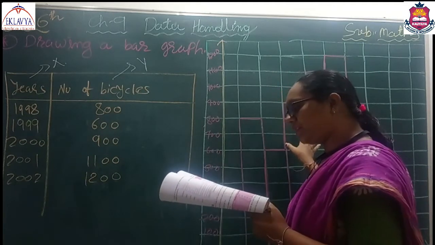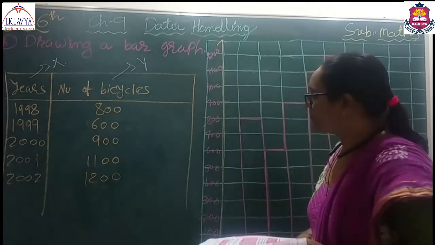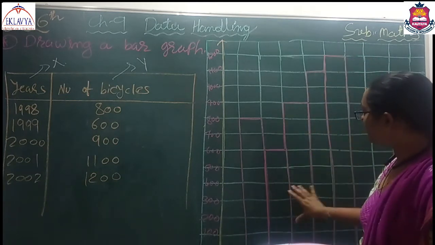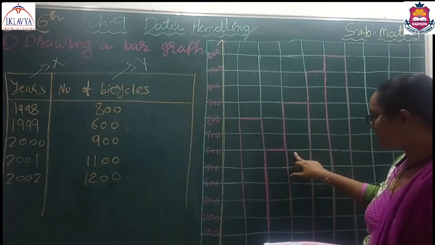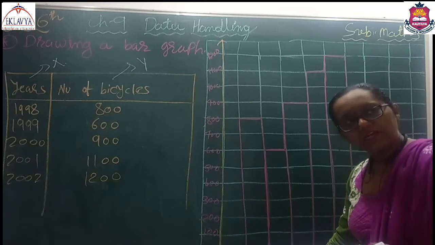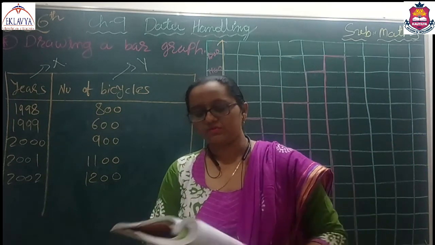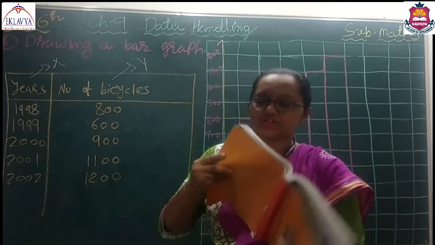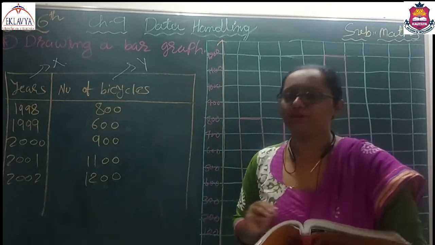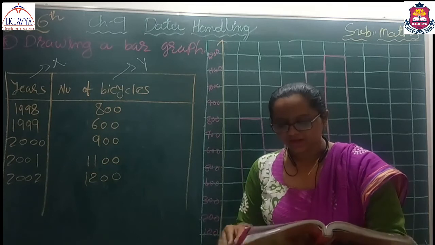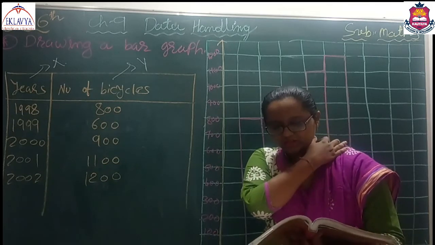In which year were the minimum number of bicycles manufactured? Minimum means you have to see the smallest one. The smallest one is here, that is 1999. So in 1999 the minimum number of bicycles were manufactured. Generally it is a maximum or minimum question, but sometimes extra questions will also come.